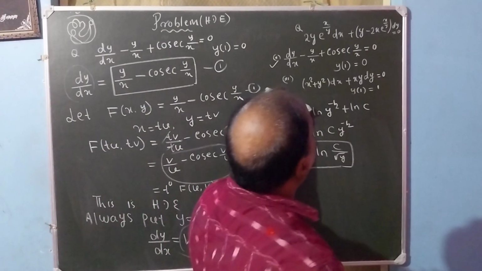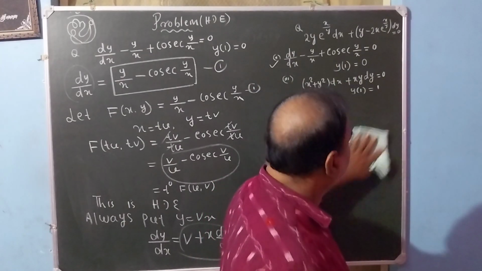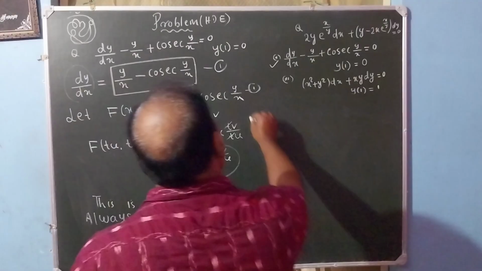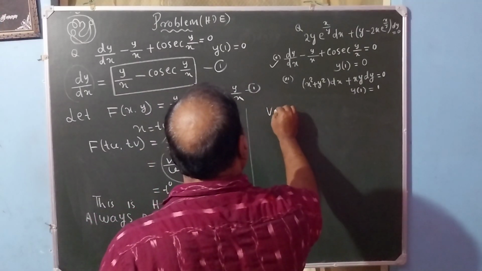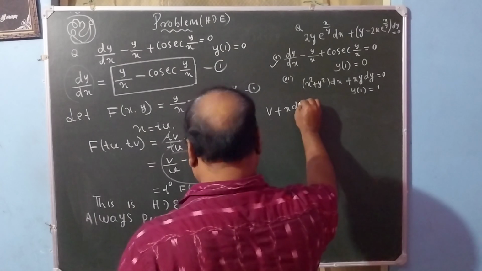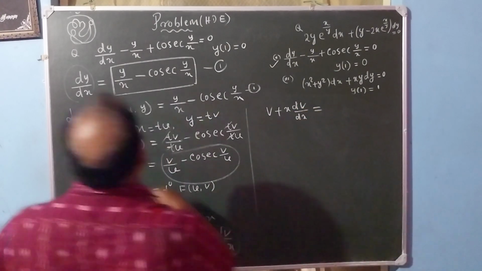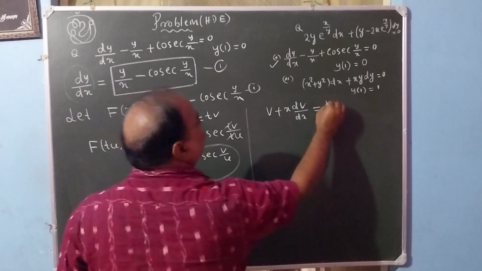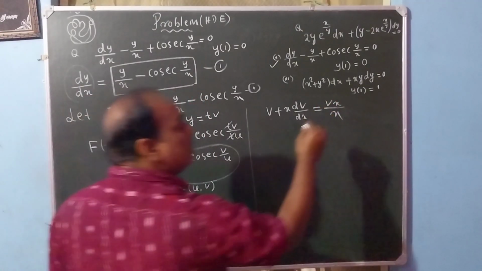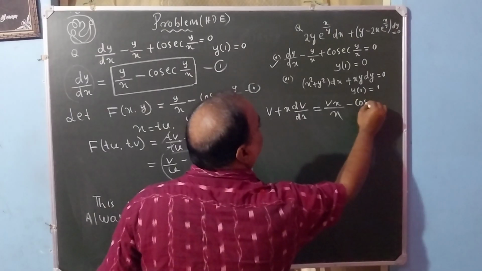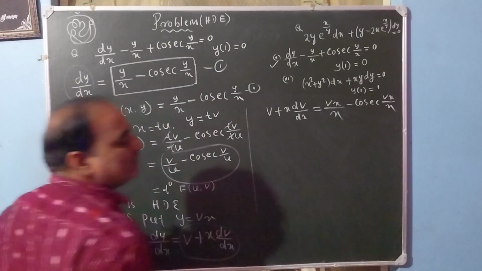So v plus x dv by dx is equal to vx by x minus cosec vx by x.